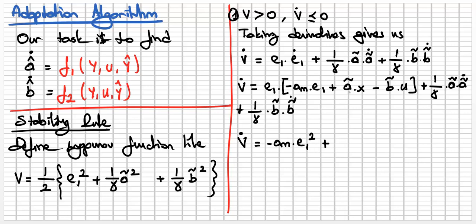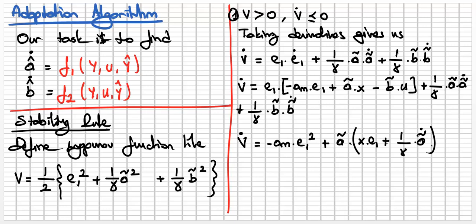And so I can collect the whole terms, the a error hat times x times e1 coming from these things. And so on the right hand side of this equation we have a error hat plus 1 over gamma a error hat dot, okay?